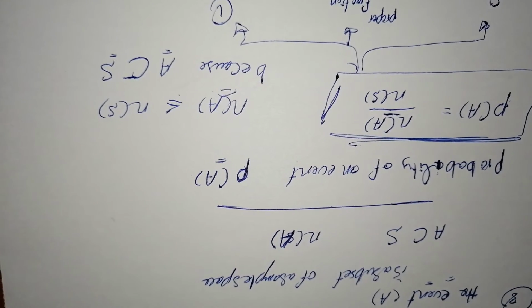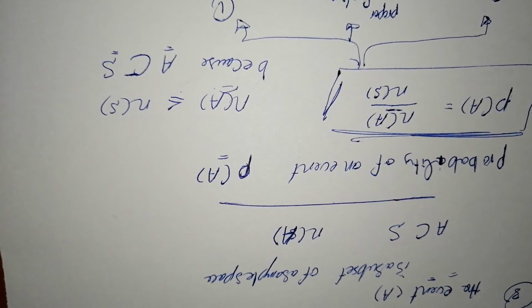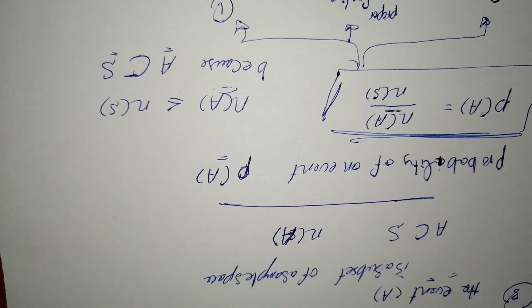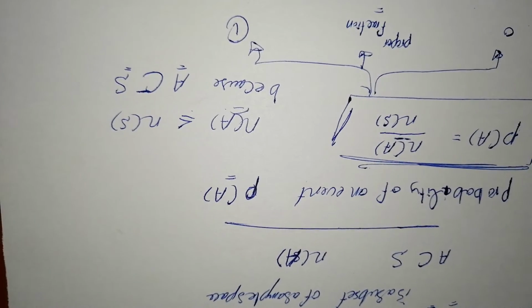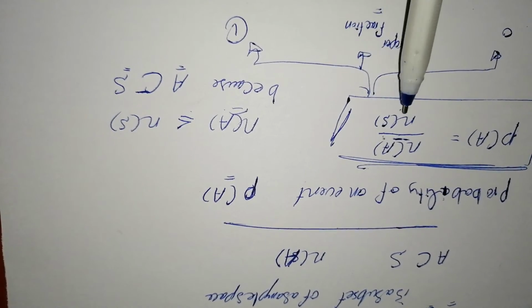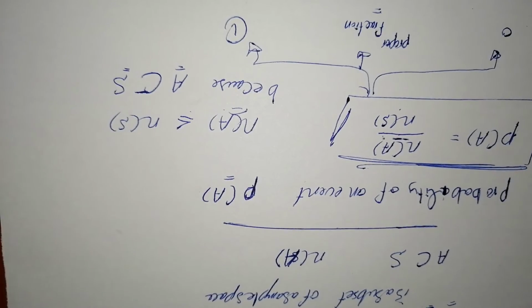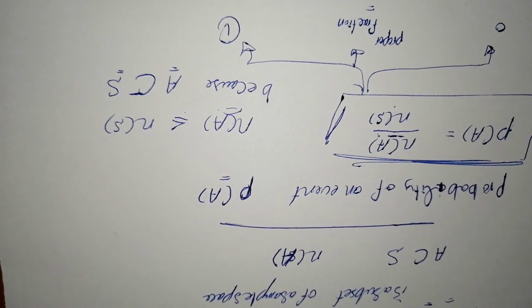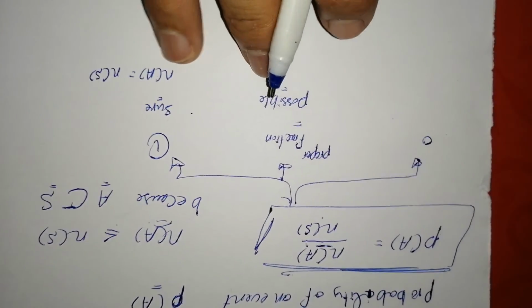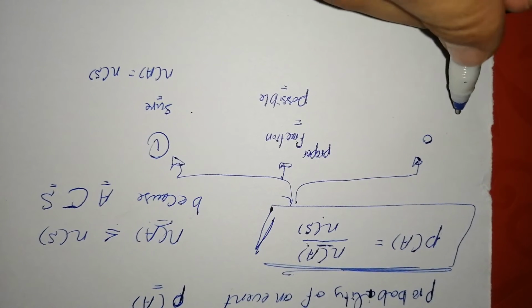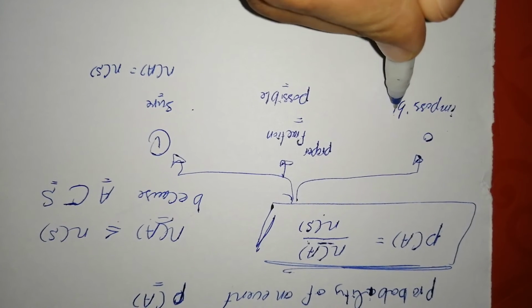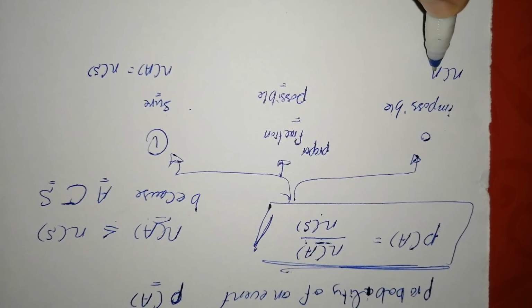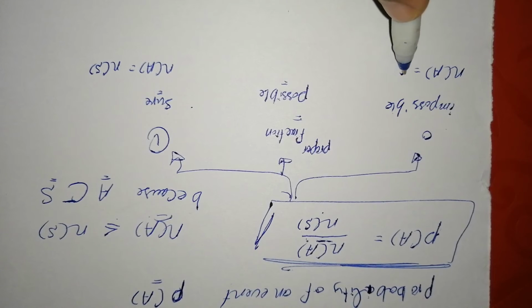When it's a proper fraction, the event is possible. When it's 1, it's a sure event, because the number of A equals the number of S. When it's equal to 0, it's an impossible event, because the number of A equals 0.